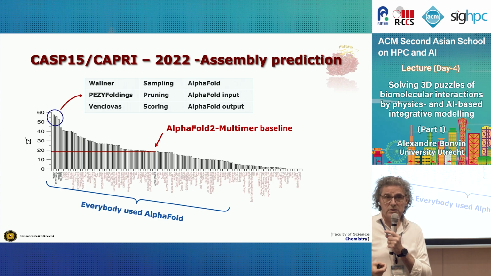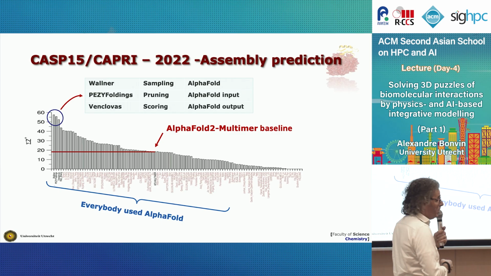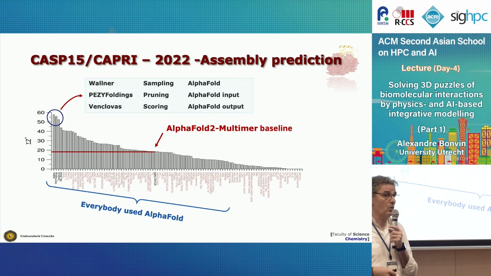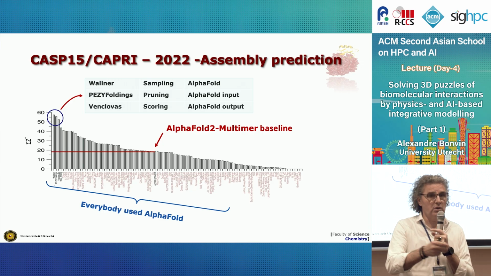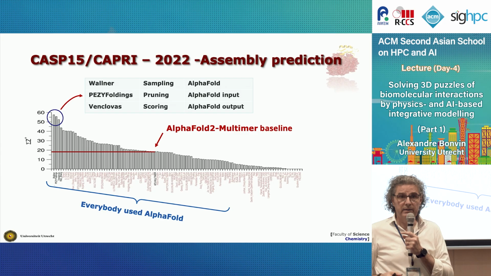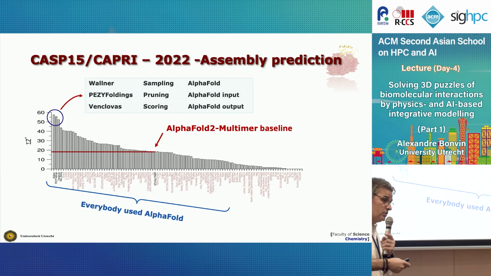Then Venclovas has a long history of participating in CAPRI, and he's very good at scoring. Scoring is basically when you have a set of models and you have to fish out which one is the best. And they have their own methods. So Venclovas had very good scoring on top of AlphaFold predictions.